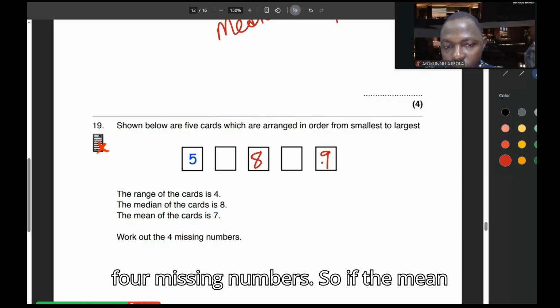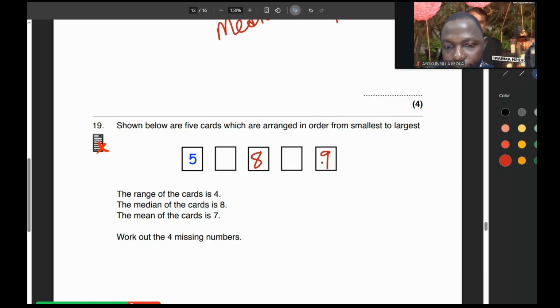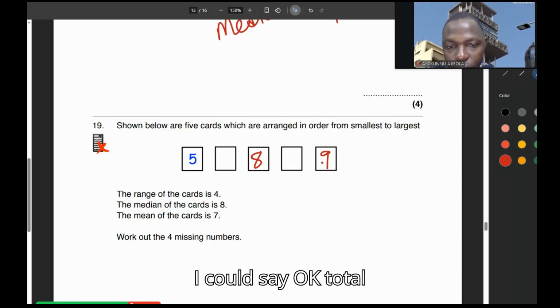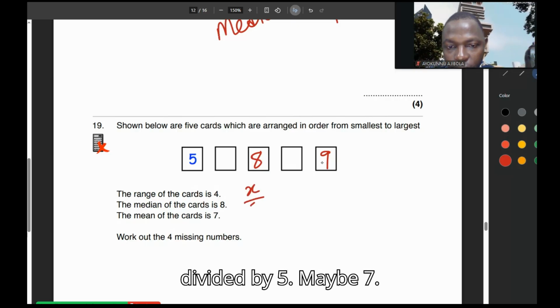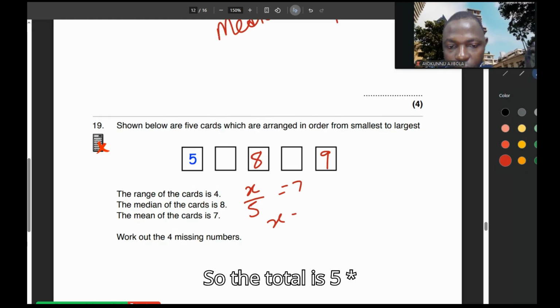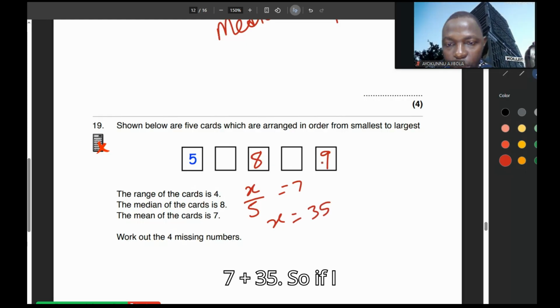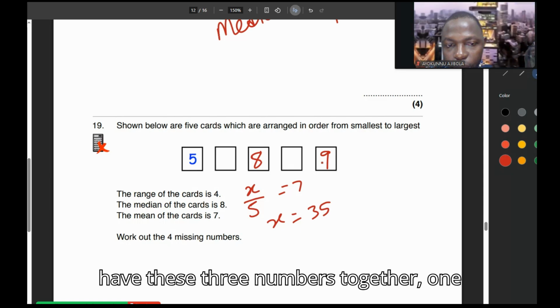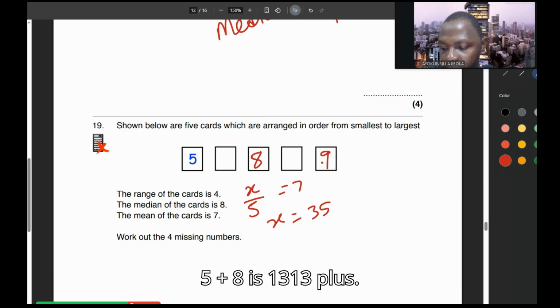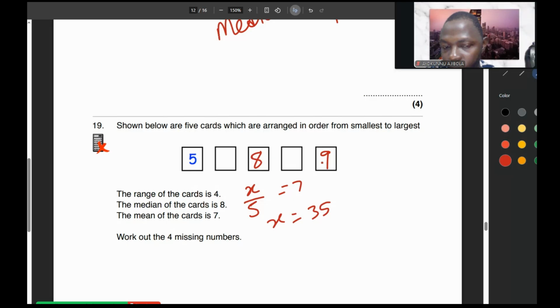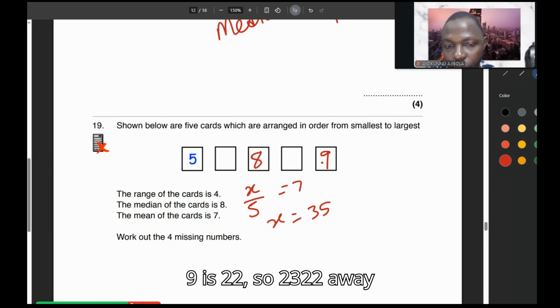So if the mean is 7, I could say total divided by 5 is 7. So the total is 5 times 7, which is 35. So if I add these 3 numbers together, 5 plus 8 is 13. 13 plus 9 is 22.